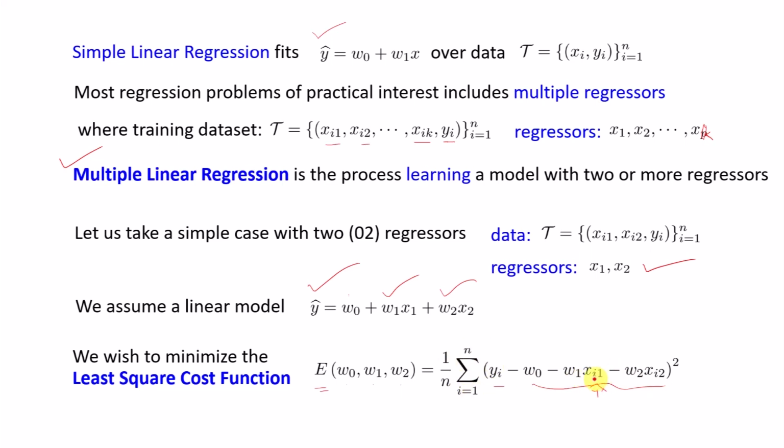So I am writing all this x as xij. j gives the regressor, which regressor we are talking about, and i gives the experiment that we have done, that is the experiment number or test number.